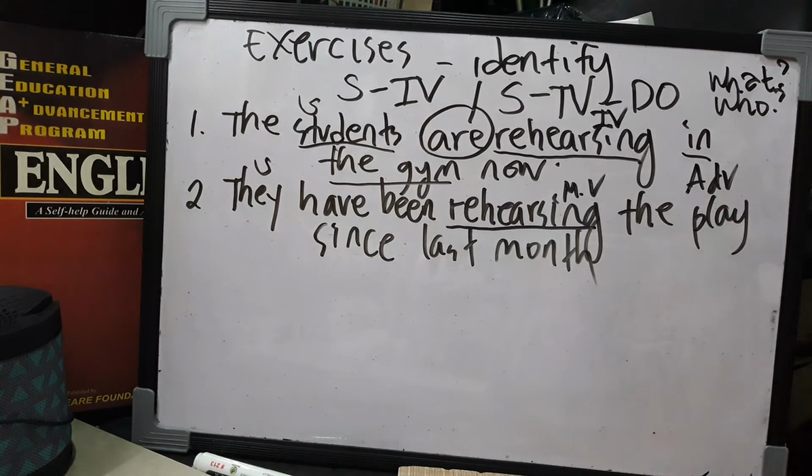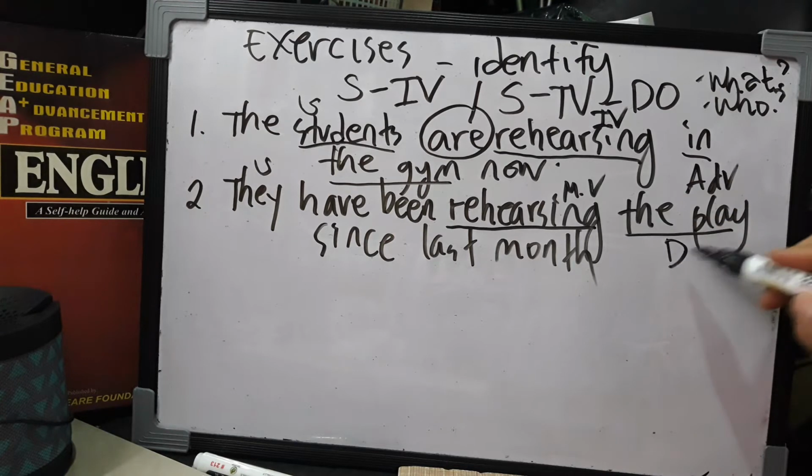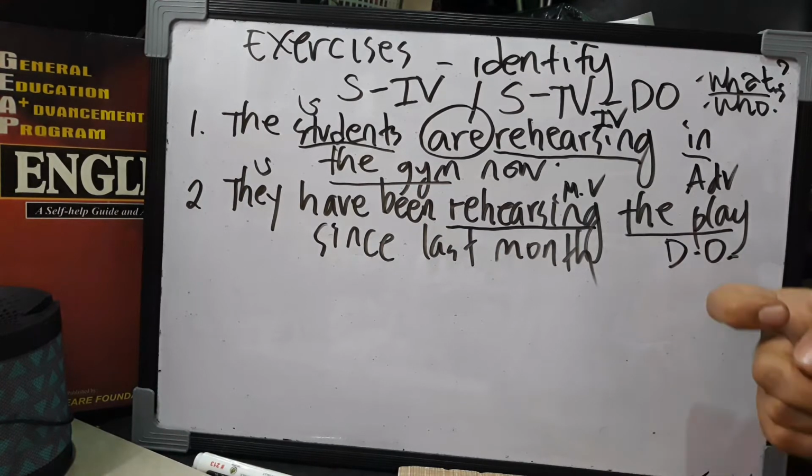Let's try to ask if there is a possible question for either what or who. What have they been rehearsing? The answer is the play. So that is a direct object. So you have a possible answer to the question what. So in the sentence, they have been rehearsing the play. So the sentence here is what?